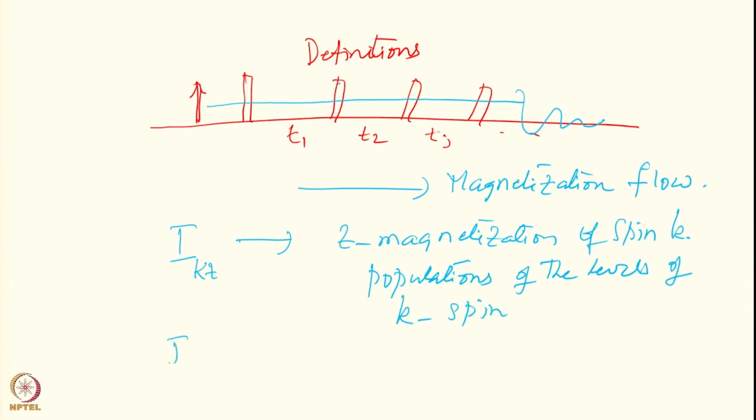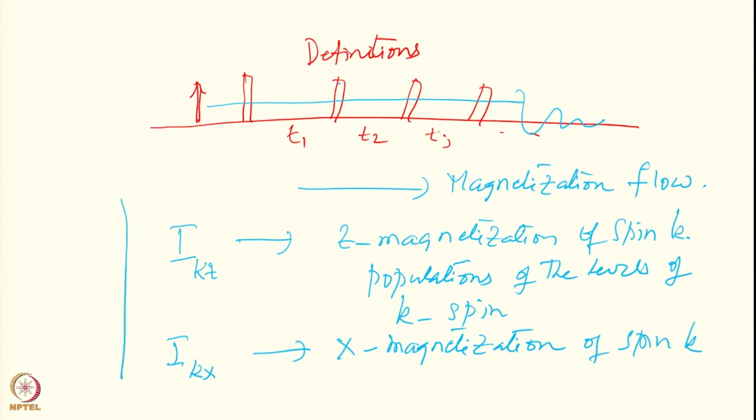Then let us say I have IKX. This means X magnetization, or transverse magnetization, of spin K. We are talking about spin half systems here.